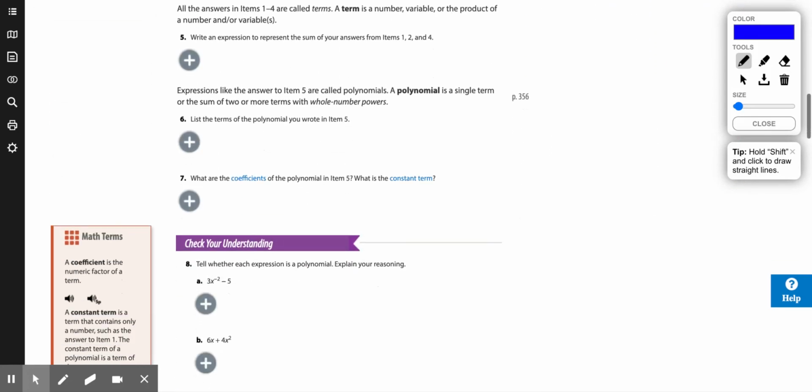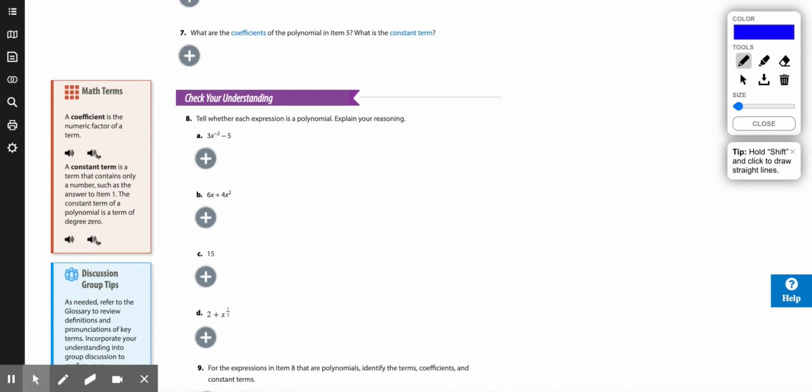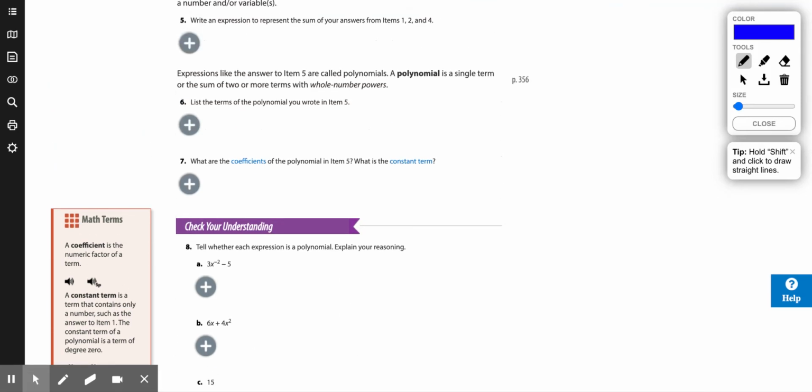All right, let's tell whether these expressions are polynomials. To be a polynomial, you need to have a positive exponent, basically. You cannot have a fractional exponent, and you cannot have a negative exponent, because remember, a negative just flips it over. And you can't have an exponent to another exponent. You can't have like 5 to the y. That's not a polynomial.